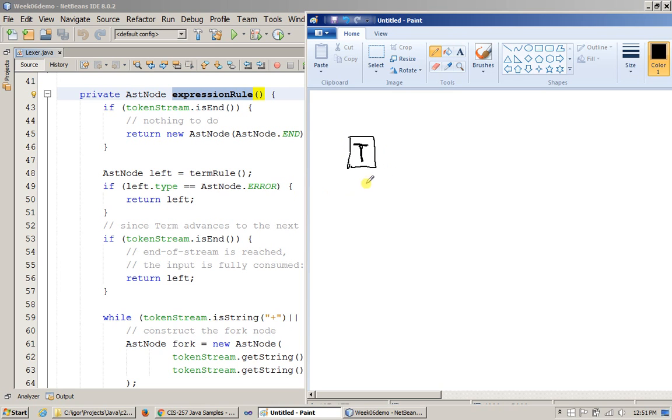And the term itself can be basically a number, a numeric value, or it can be something that has plus or minus in front of it, right? Or it can be a sub-expression inside parentheses, right? So that's the way it's going to be evaluated.